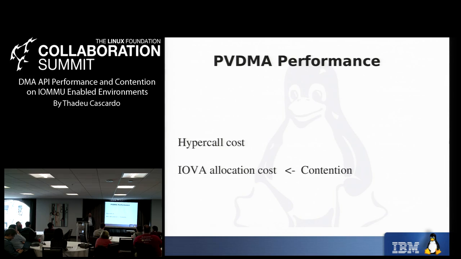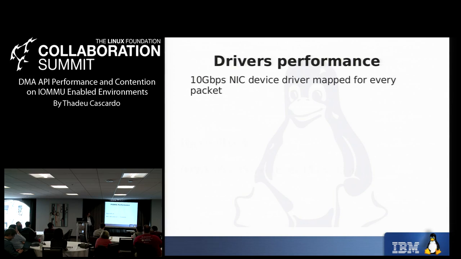Everything okay? From a driver perspective, you don't want to do too many calls to the DMA map API because of that performance issue. If you can avoid it somehow, you're probably going to improve your performance.